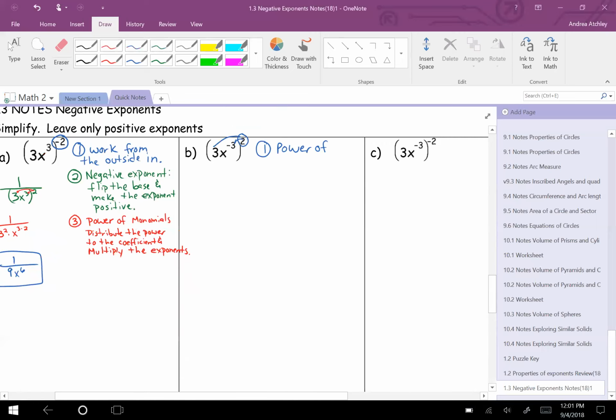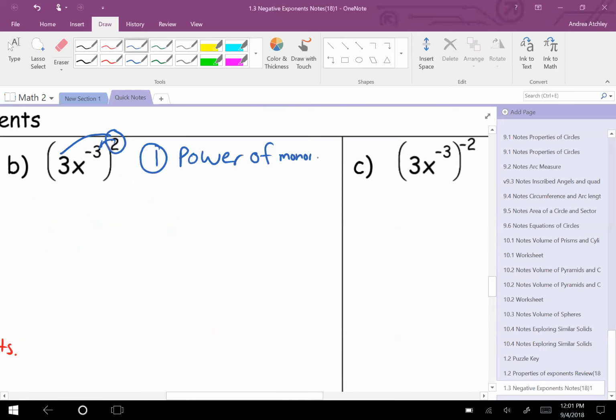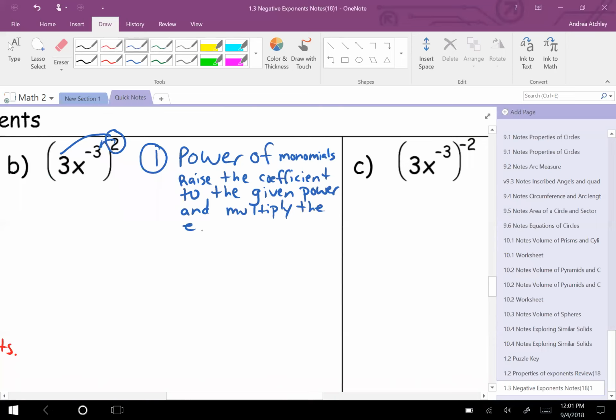Let me zoom in here. Again, raise the coefficient to the given power and multiply the exponents.